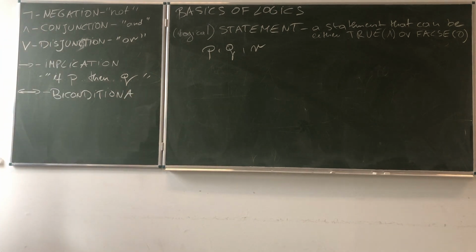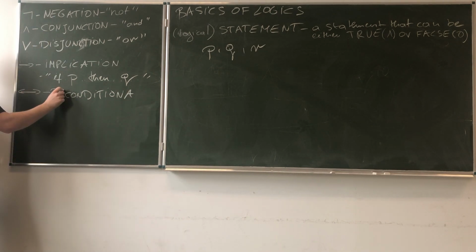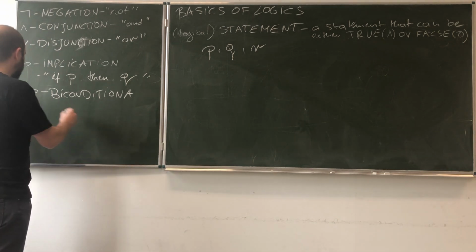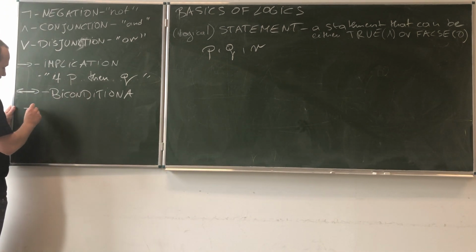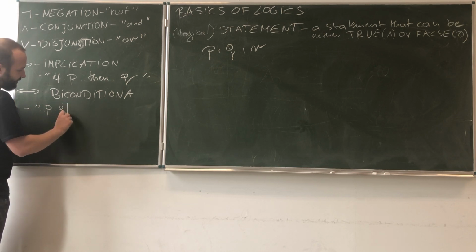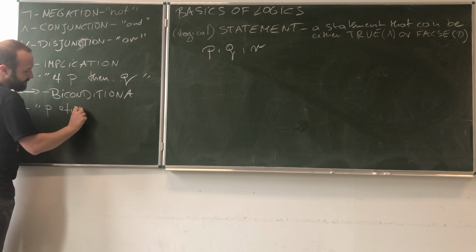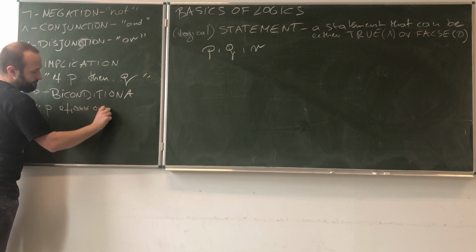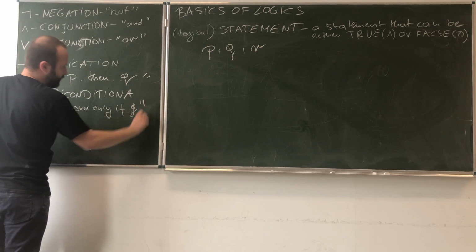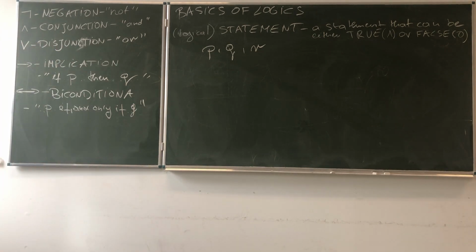The other names for biconditional are biimplication or equivalence, and we read it as something, usually some P, if and only if something, usually Q.